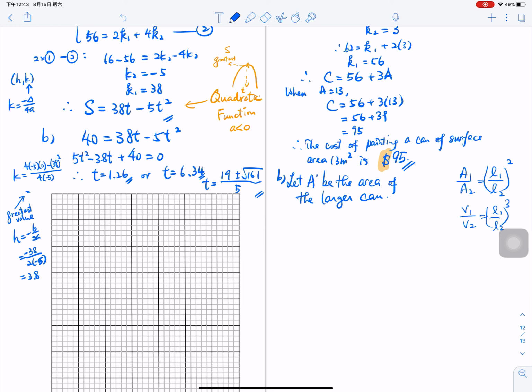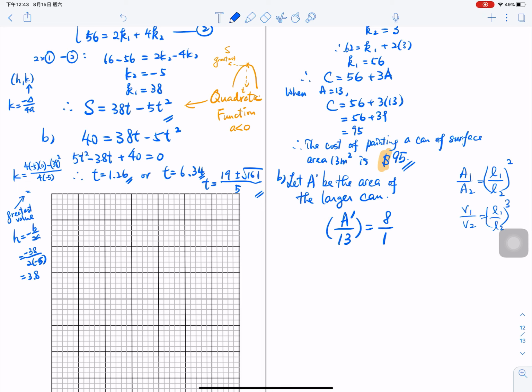Because A pi is the larger one, the ratio is 8 to 1. We don't know A pi, and we know that this one is 13 in the surface area, but this one is the area ratio, not the ratio of lengths. So what can we do?